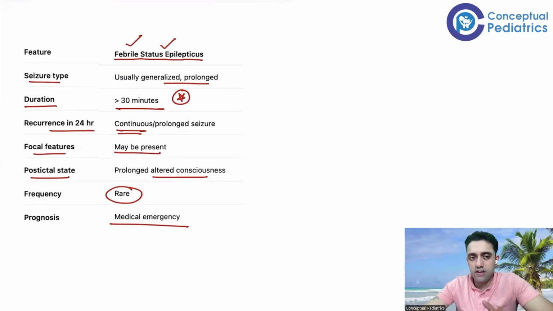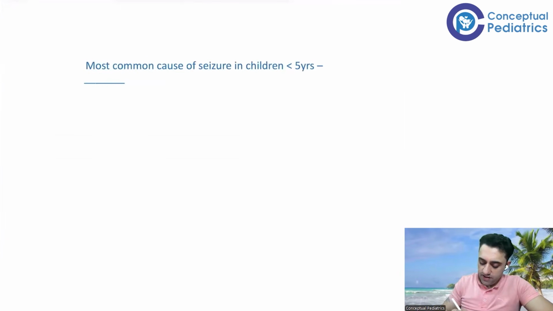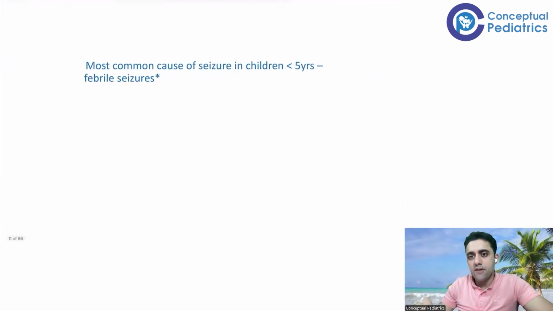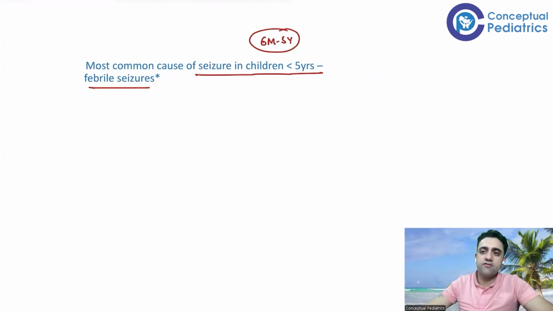The hallmark MCQ here is febrile status epilepticus: the patient has fever with status for more than 30 minutes. Which is the most commonest cause of seizure in less than 5 years, or 6 months to 5 years, in a child? That is febrile seizure.